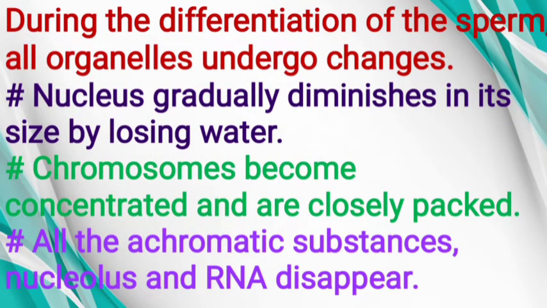Next, in this process we see some differentiations, some changes occurring in some organelles, like the nucleus, mitochondria, Golgi complex, vacuoles, etc. Okay, we see some changes.